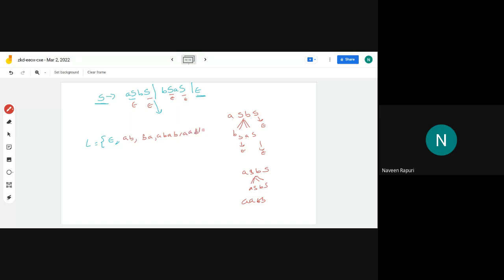Suppose in this case B S A S, suppose you take B S A, and this one is epsilon, this one is epsilon, B, B, A, A. Or else B, A, B, A. So these are the kinds of strings we may generate with the given grammar. Suppose if we see this grammar, we can say that here 0 number of S and 0 number of B's.